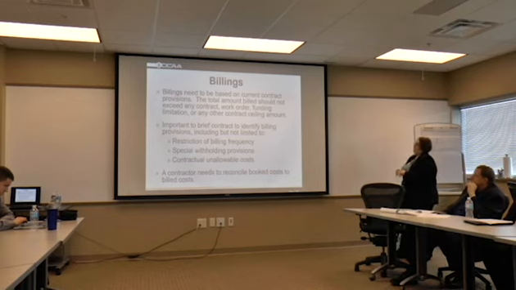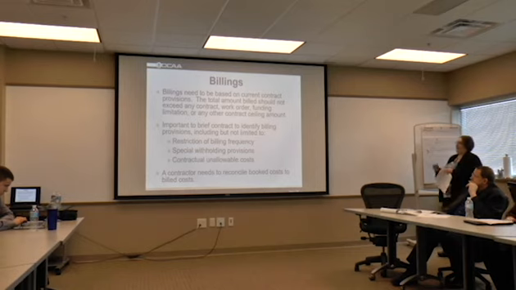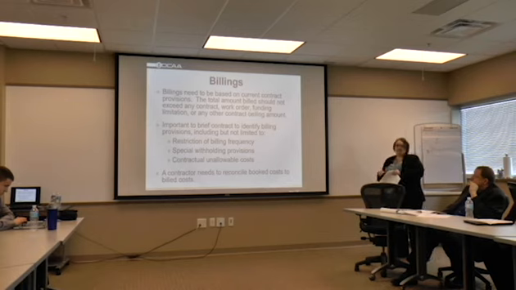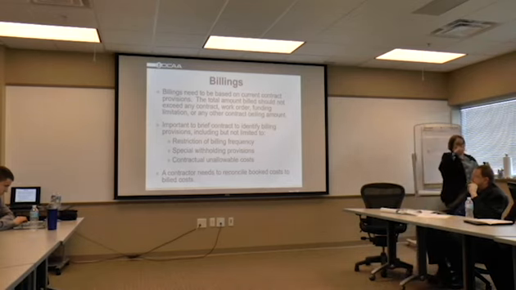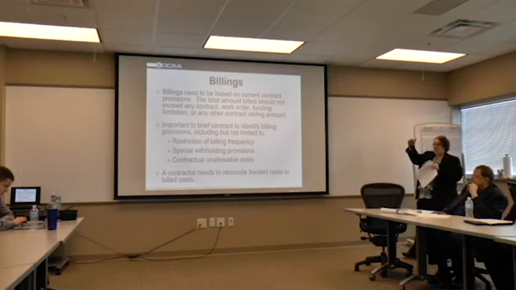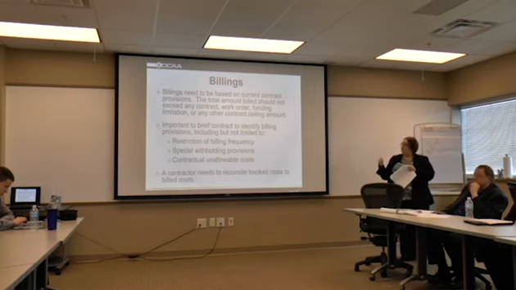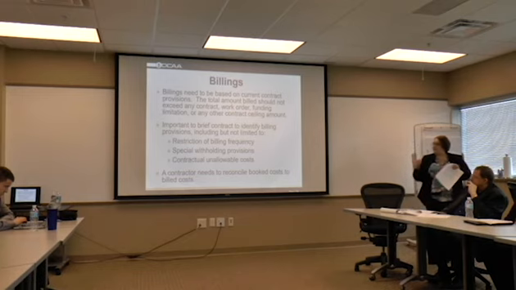Billings need to be based on current contract provisions. The total amount billed should not exceed any contract, work order, funding limitation, or other contract ceiling limit. So you need to make sure your system is set up to define, capture and recognize when you may be close to that ceiling or when you've gone over it, to make sure that you don't exceed the funding limit, whether that's at the work order level or at the contract level.